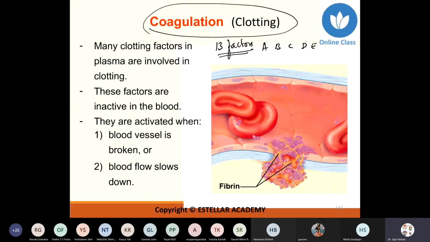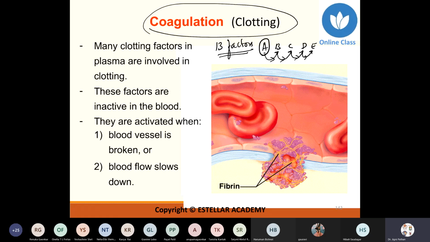If there is damage to the blood vessels, A will get active. Once A is active, it activates B. B will activate C, C will activate D, and D will activate E. It keeps on going. Are you understanding? So the clotting goes in a cascade manner. One will activate the other, which will activate the next, like that. It keeps on going.